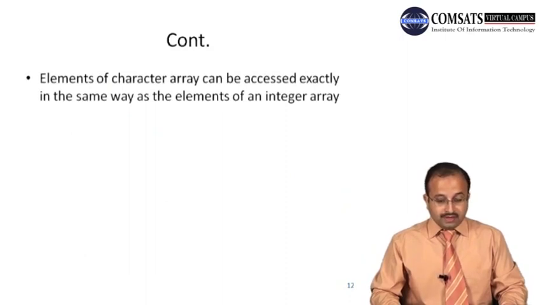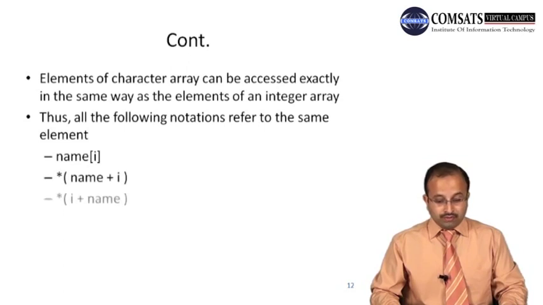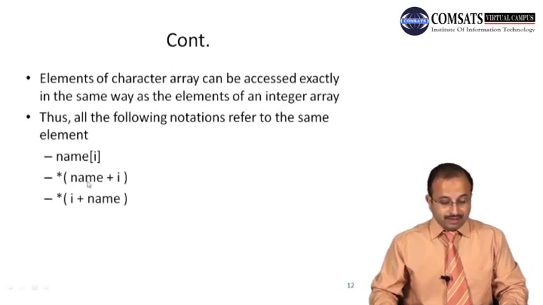The elements of the character array can be accessed exactly in the same way as the elements of the integer array. Thus, all the following notations refer to the same element: name[I], static name plus I that we have seen in the example, or static I plus name.